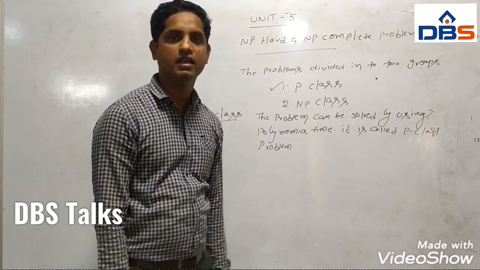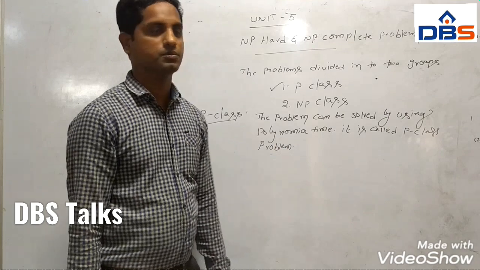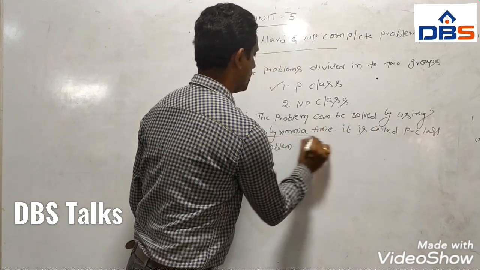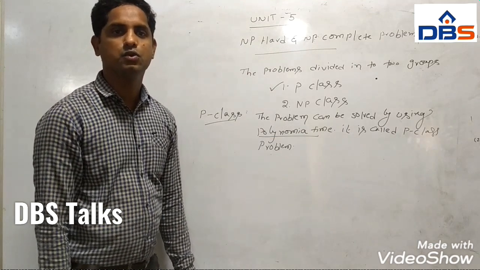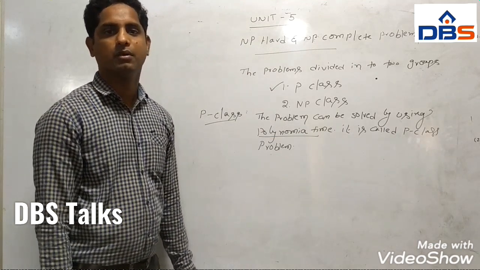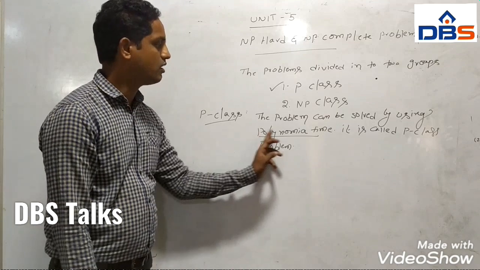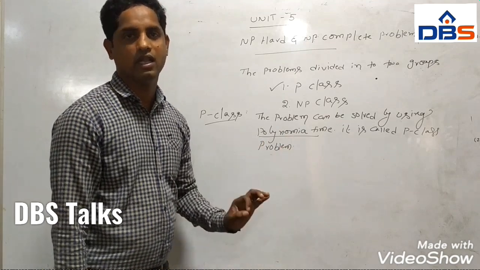So it is called a P class problem. So what is meant by polynomial? The number of steps needed to solve a particular problem or algorithm, then it is called a polynomial.